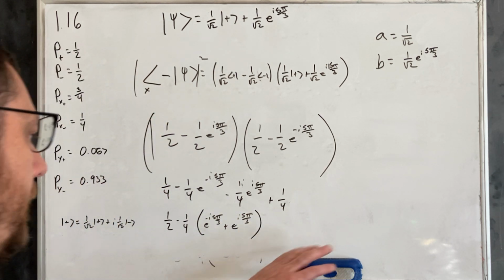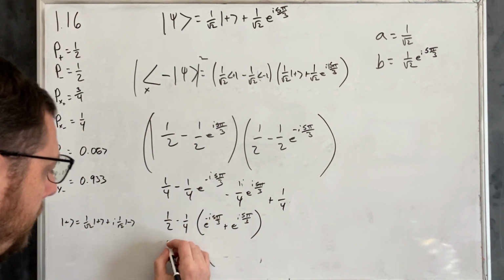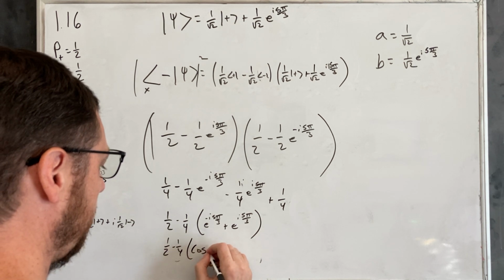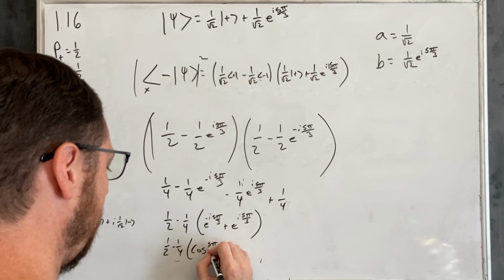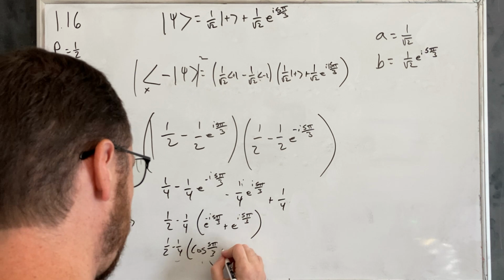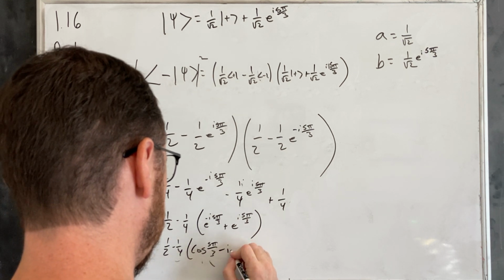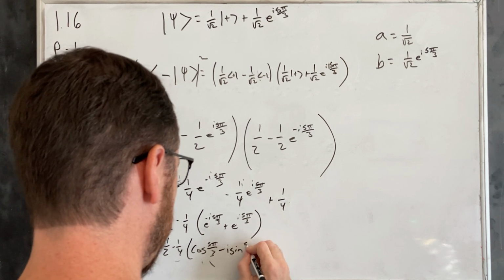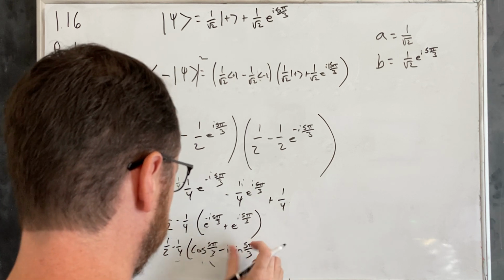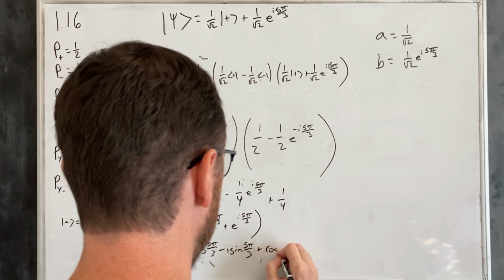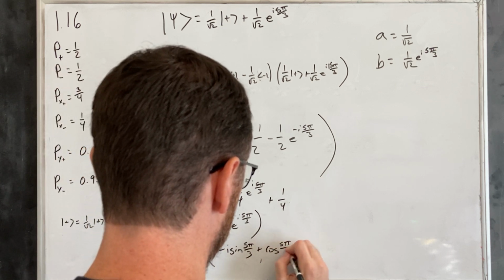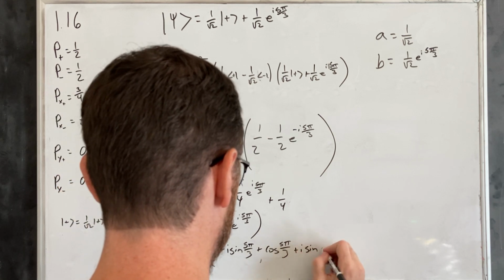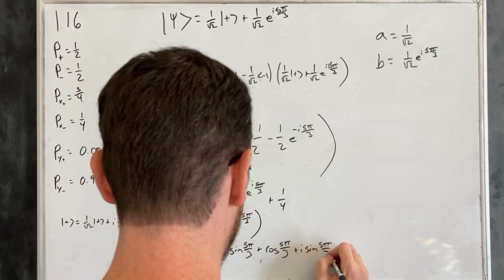All right, so then we replace this with Euler's formula, so 1/2 minus 1/4 cosine of 5 pi over 3 minus I sine 5 pi over 3 plus cosine 5 pi over 3 plus I sine 5 pi over 3.